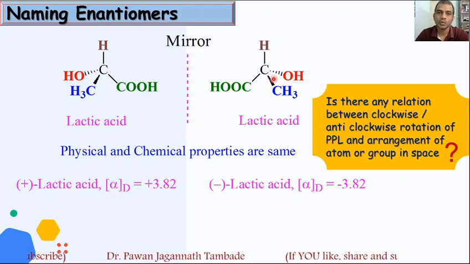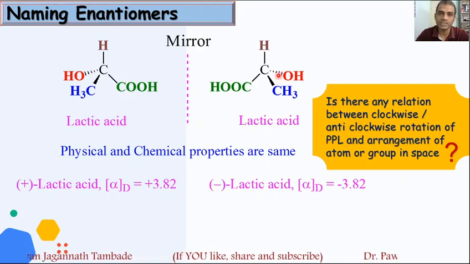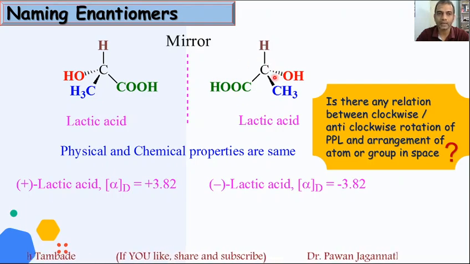So after looking at the structure of a molecule, it is not possible to comment whether this molecule will rotate plane of polarized light in clockwise direction or anti-clockwise direction. And this was the drawback in naming enantiomers.